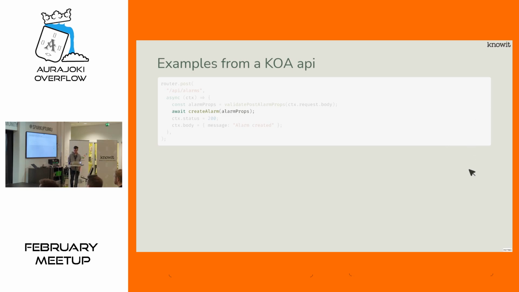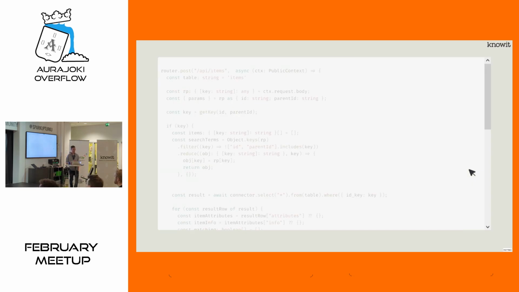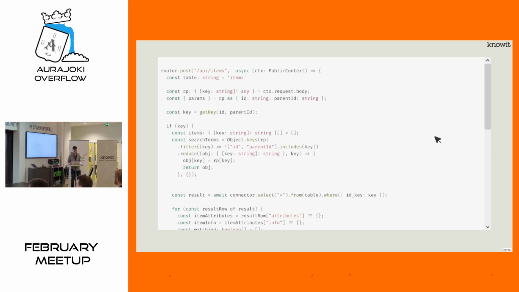Now we do have other kinds of endpoints in the API too, and let's take a deep breath and take a look at another one, which is an older one. And this one has not yet been refactored in any way. You don't see a lot of code at the moment, which might be a good thing actually, because the code you're about to look at is not straightforwardly implemented. If you had to dig into this code, you would have to spend more time and effort.